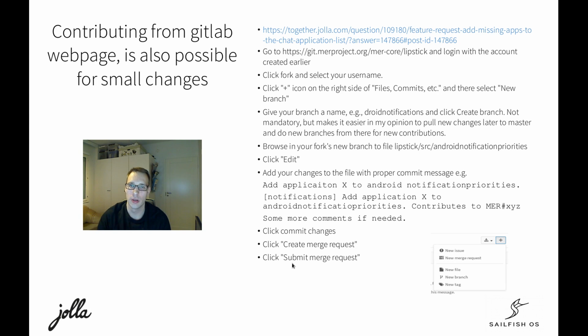In addition to the way that I just showed how to create the merge request, there's also a way to actually contribute with the web browser. So you can actually open the GitLab web page and do the similar process from there, which I'll show next.